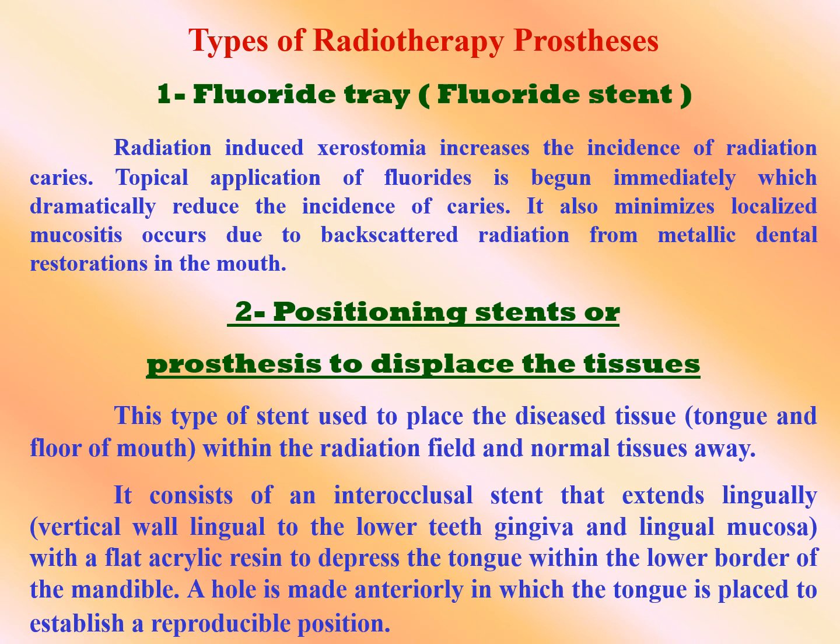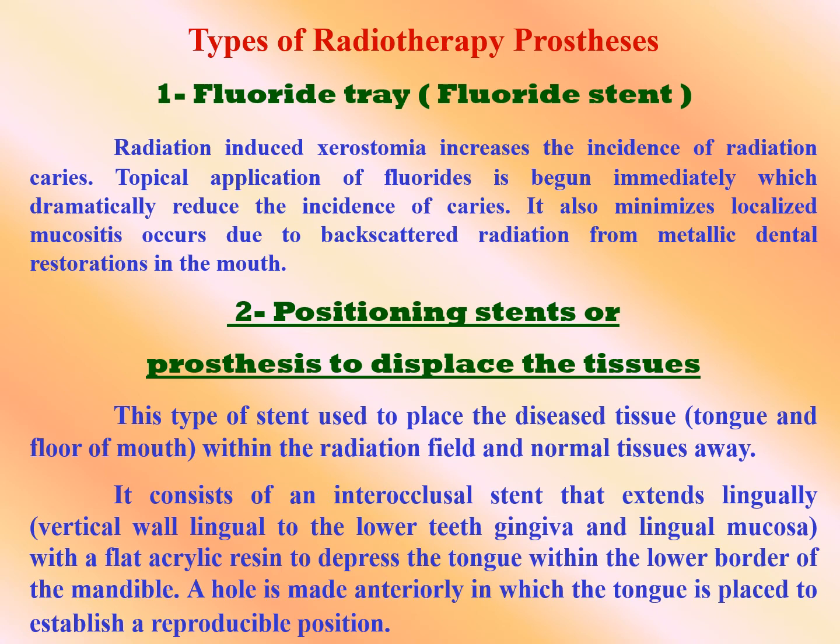The second type of radiotherapy prosthesis is the positioning stent, or prosthesis to displace the tissues. This type of stent is used to place the diseased tissue, tongue and floor of the mouth within the radiation field and normal tissues away.